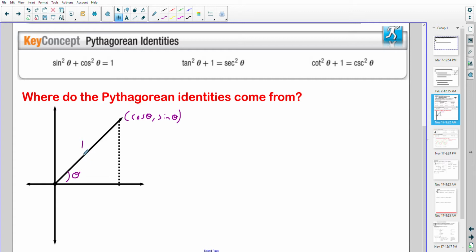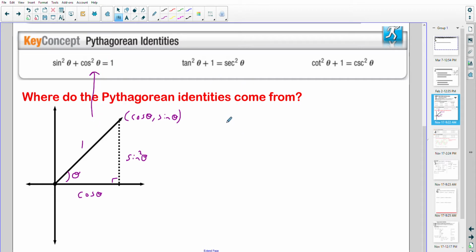And you also know that the unit circle is that. So by looking at this, you would see that cosine squared theta plus sine squared theta would be equal to 1, which would be that first identity.